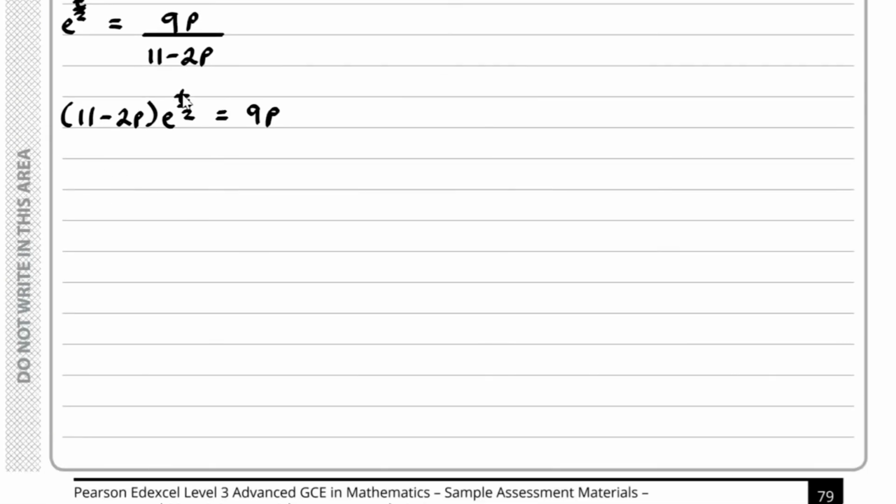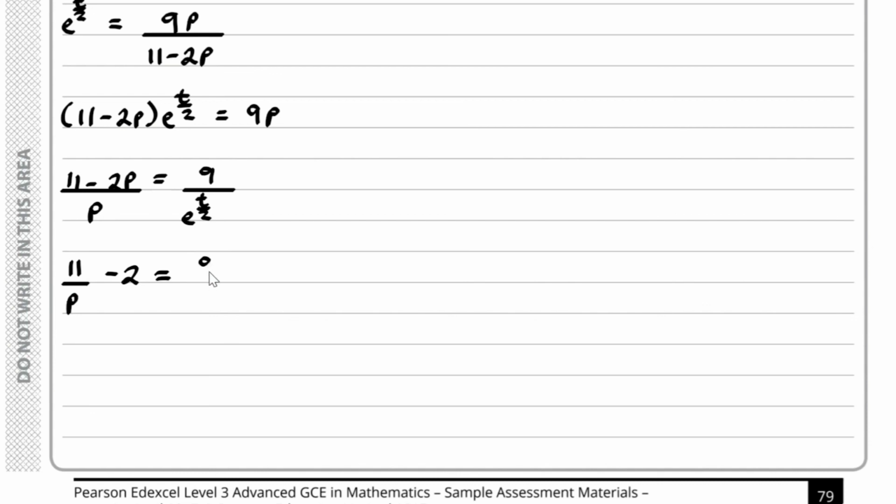So, rearranging even further, I can see that 11 minus 2p over p equals 9 over e to the t over 2. And if I split this up on the left hand side, I have 11 over p minus 2, because I've got 2p divided by p, which is just 2.